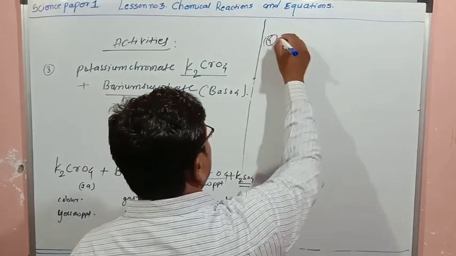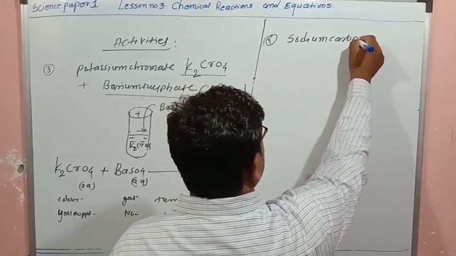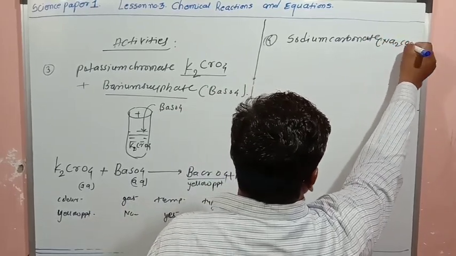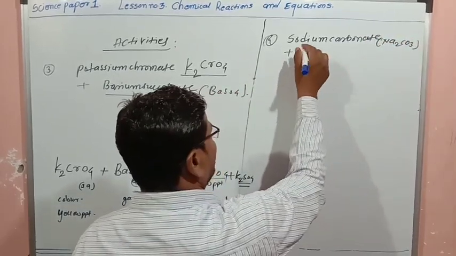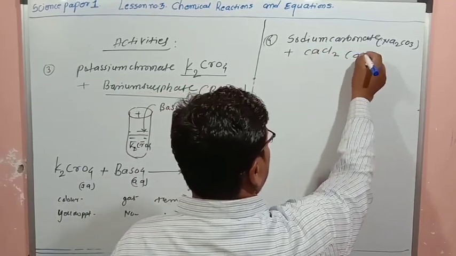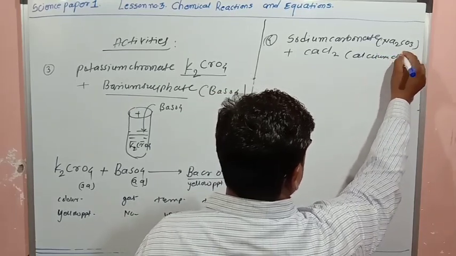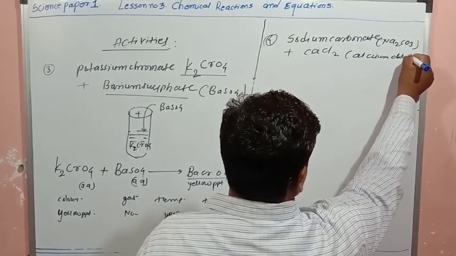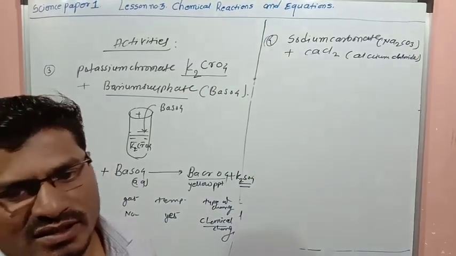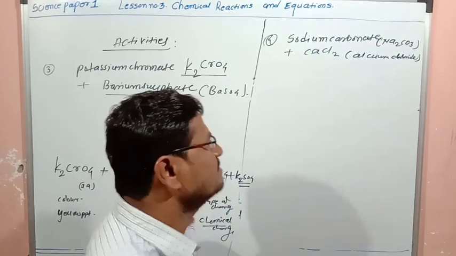So the fourth one is sodium carbonate, formula Na2CO3, plus what you have to add, CaCl2, that is calcium chloride. If you take these two solutions together, then a chemical reaction will take place.